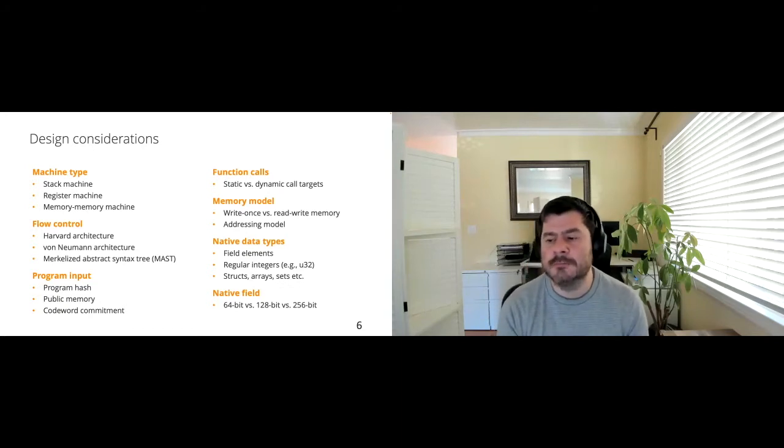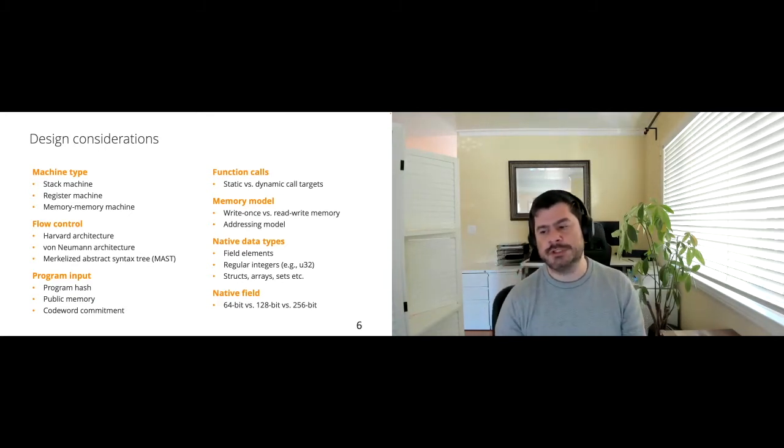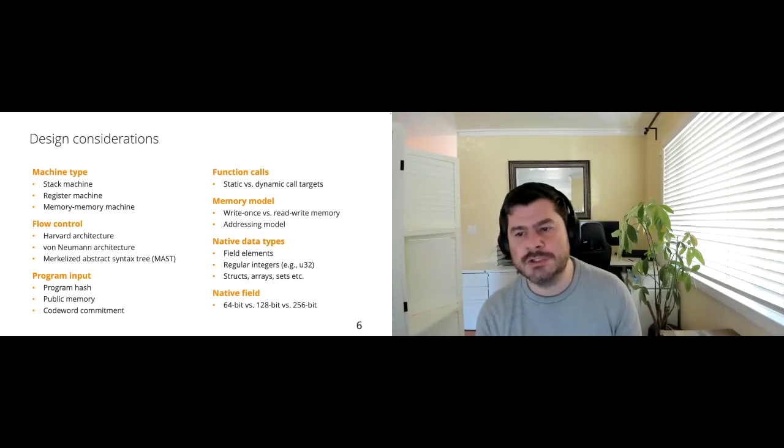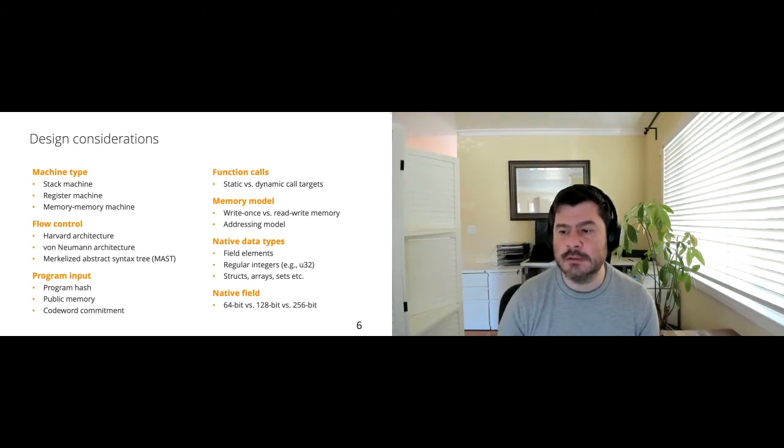If you pick a specific field, what the blow-up factor has to be for proof generation affects the proof generation time, and how high a degree of constraints you want to have within your VM, and so forth. So there are a lot of considerations related to choosing a field.